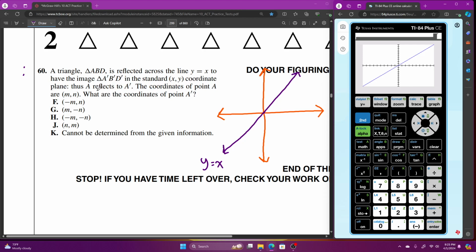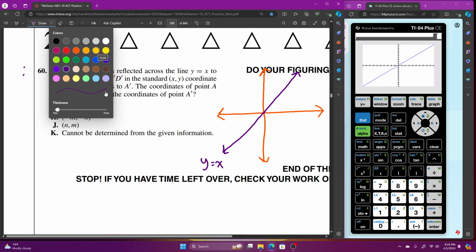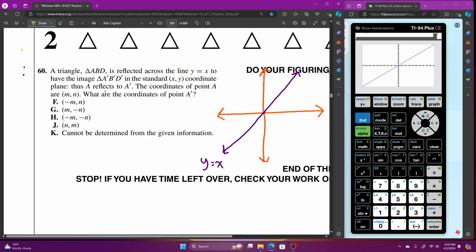Now it's saying I don't need to focus on all of the points A, B, and D. I can just focus on any point, no matter where it is. Let's say that A is, let me just draw some points on the line, as even as I can get them.